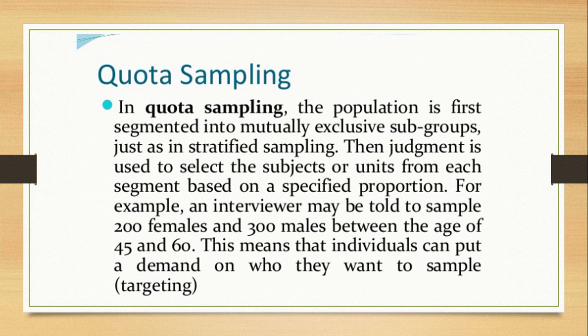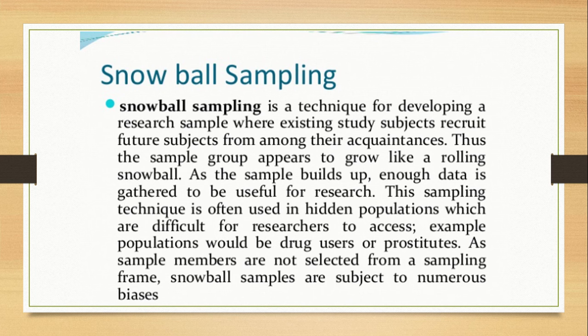Then judgment is used to select the subjects or units from each segment based on a specified proportion. For example, an interviewer may be told to sample 200 females and 300 males between age 45 and 60. This means that individuals can put a demand on who they want to sample or target. So that is an example of targeting.